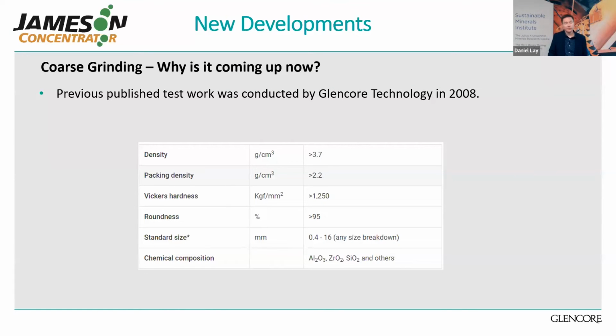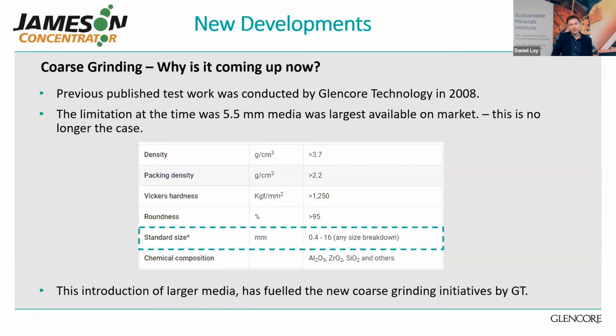In terms of the IsaMill, one of the focus areas at the moment is trying to grind coarser. So currently IsaMills are designed to grind from F80s of 400 microns and a P100 of about 1 millimeter. But increasingly we're trying to challenge this. And the reason why it's coming up now is essentially because the media producers are producing coarser and coarser media.